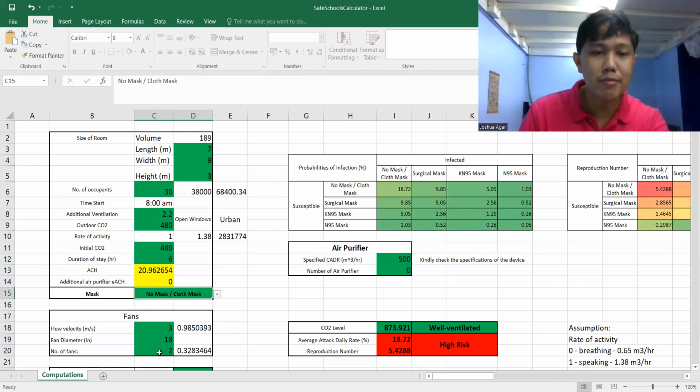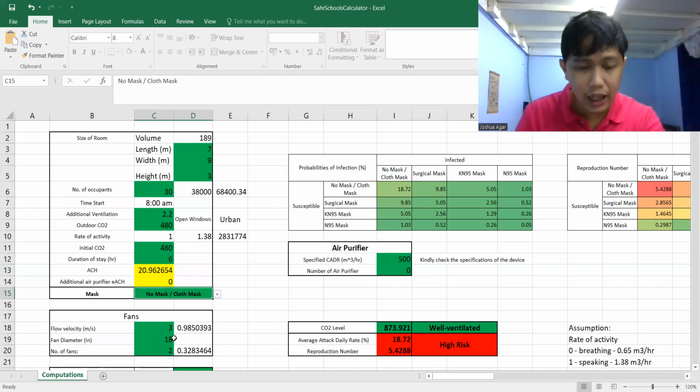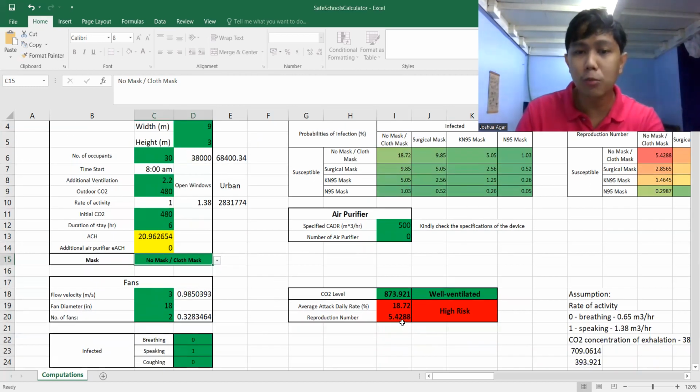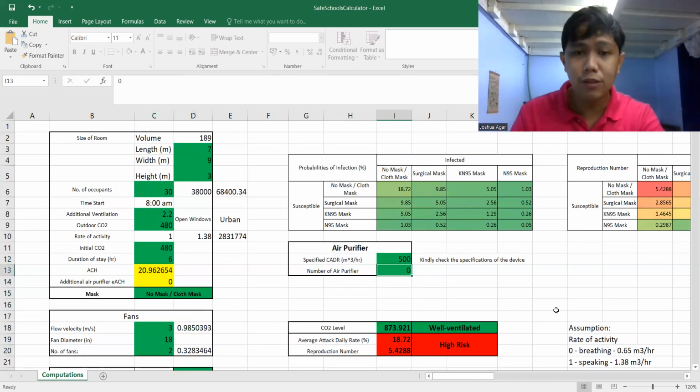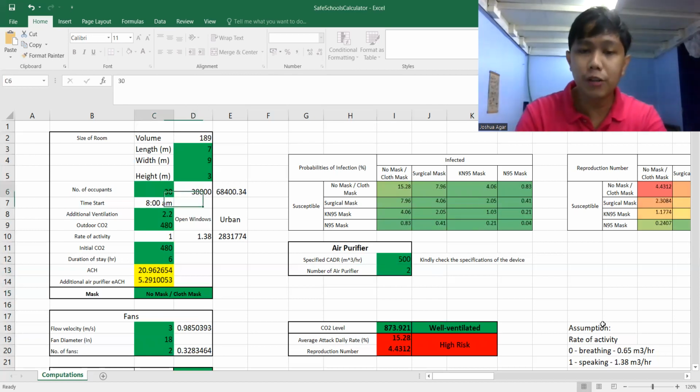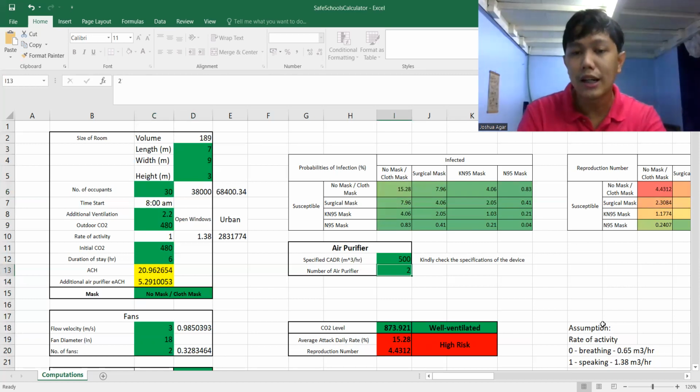So that these two fans introduce a flow rate of 0.985 meter cube per second, and the reduction of the risk from almost 29, the reproduction number reduces to 5.4. If we further improve on that, for example, we install two purifiers. So from 5.4, it reduces to 4.4.